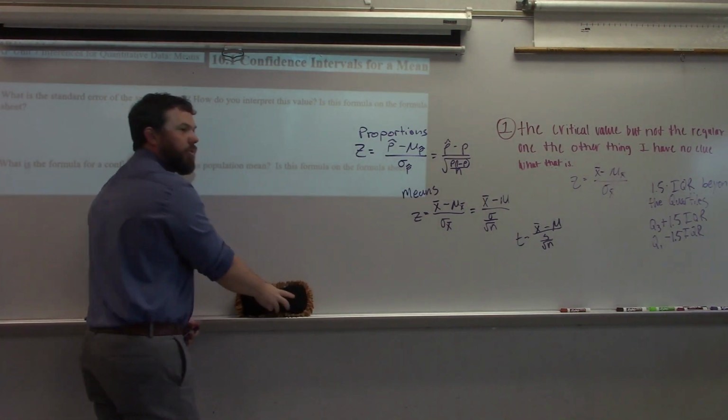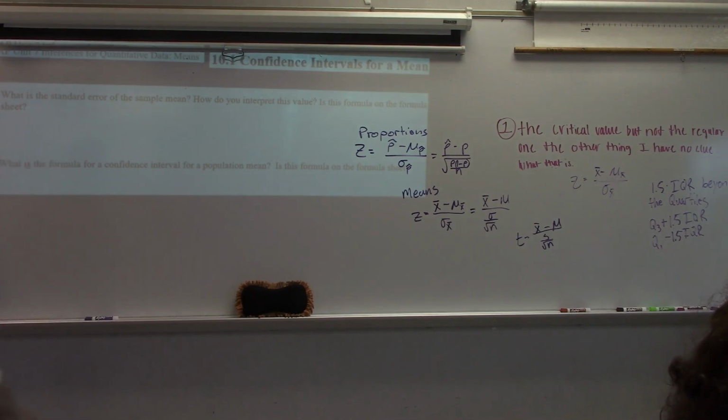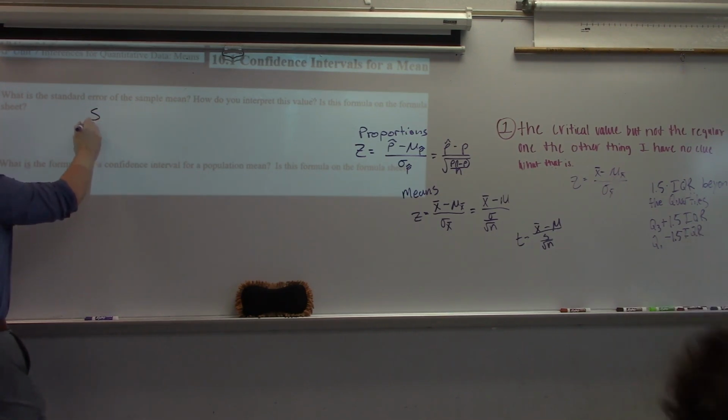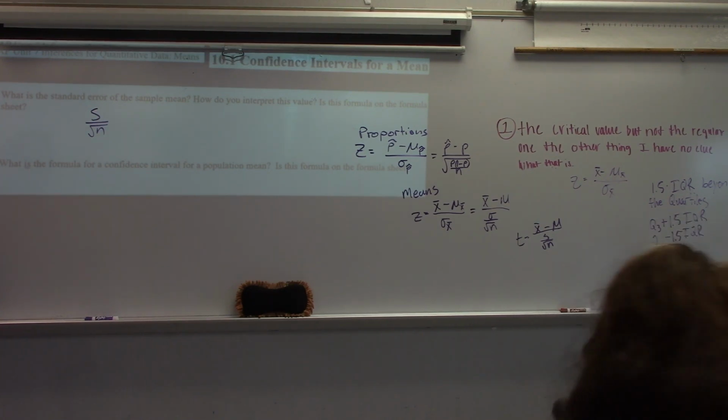Okay, I want you using our formula sheets. What is the standard error of the sample mean? We can go to the textbook for this, but we should also think about the formulas on our formula sheet. So, what's the standard error formula? S divided by the root of the sample size. I'm missing something I want you to be aware of.